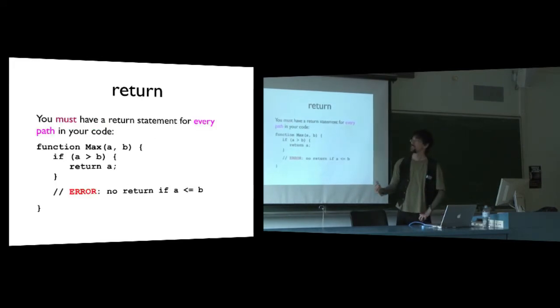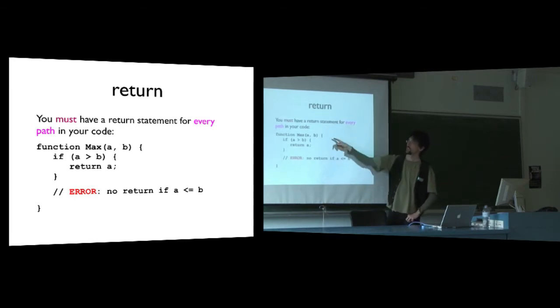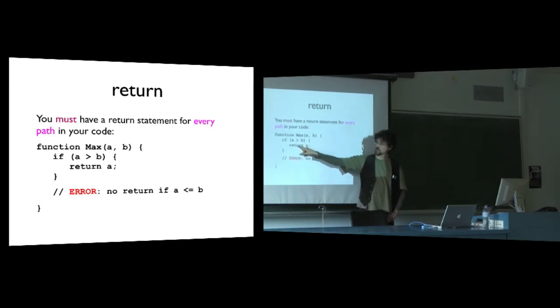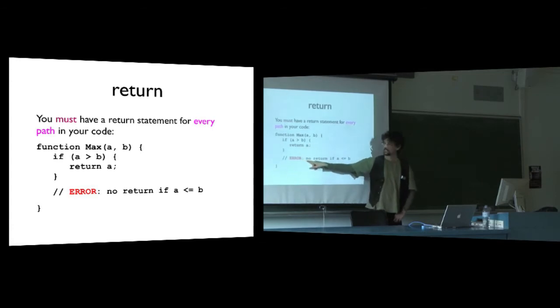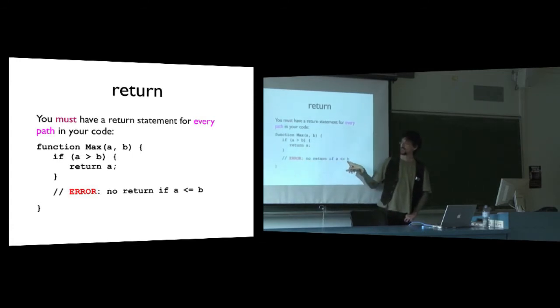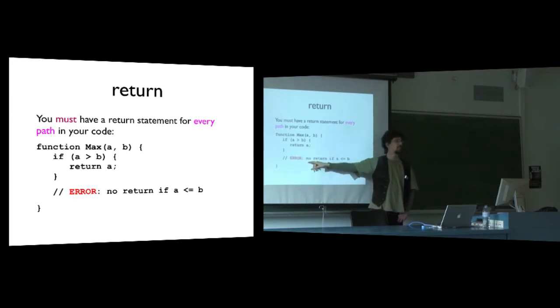You must have a return statement for every path, which is the important thing. If we had just one return statement in here and then didn't do anything down here, there would be an error, because we're returning here, but we don't have anything to return. If B is greater than A, we get down to here, there's no return statement. The computer doesn't know what value to send back. So if you've got a return statement anywhere in your function, you should have one for every single path in your code.